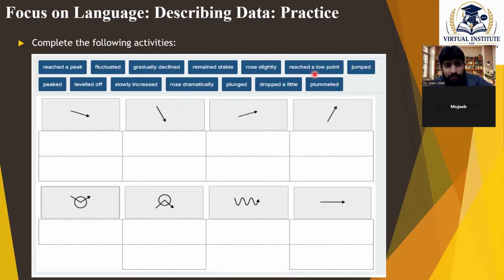So you can say reached a low point. Or you can also say plunged, but plunge is more suitable here. Okay, what about this one? Rose slightly. Yes, rose slightly. Very good. What about this one?